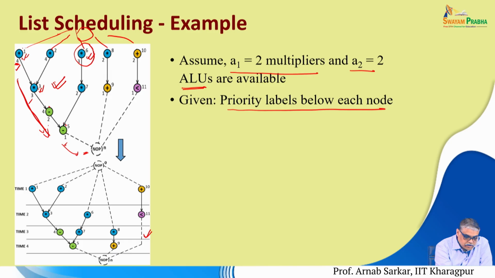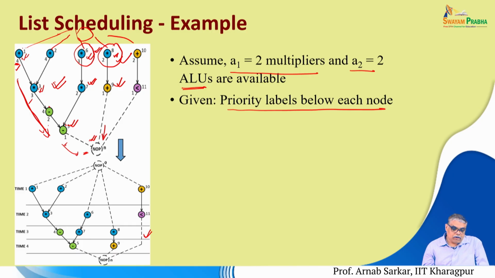Why? Because 3 operations must be completed to go to the exit node. Here the node 8 has been given a priority of 2, because 2 operations must be performed to go to the exit node. So, the amount of workload below a given node, including itself, determines the priority. We have determined priority in this way.